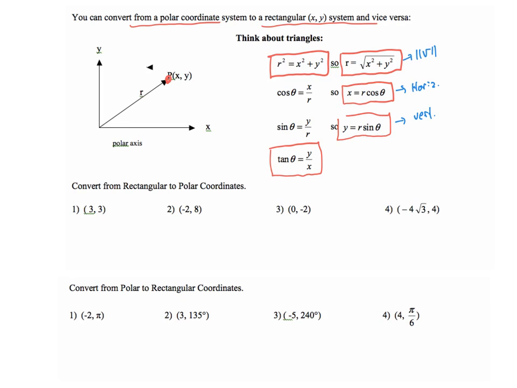If you have a point written as x comma y, you can think of that point as a triangle with x and y, and it's a right triangle too. So all these right triangle trigonometric equations apply just from thinking about that. And these are what we're going to use to convert from rectangular to polar, and also from polar to rectangular.